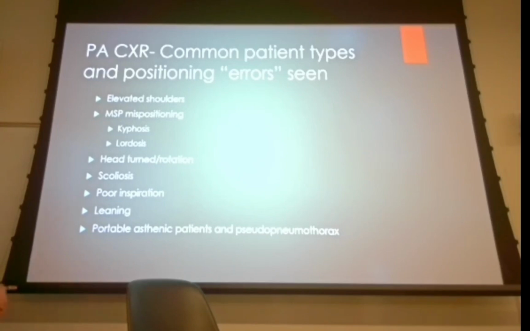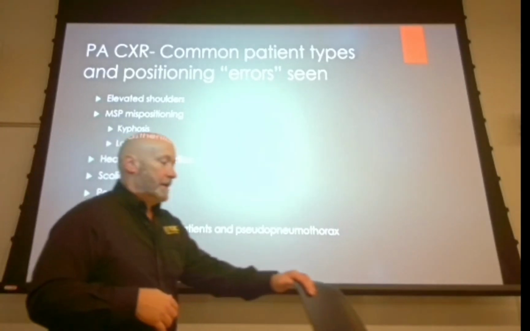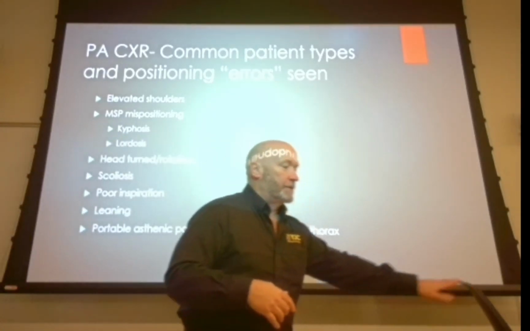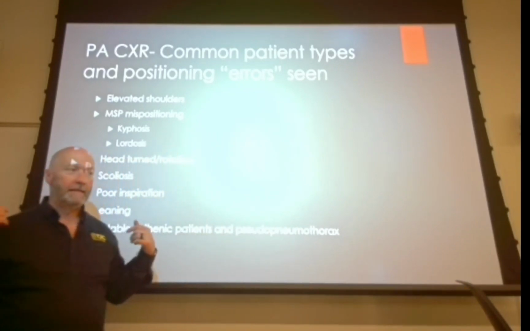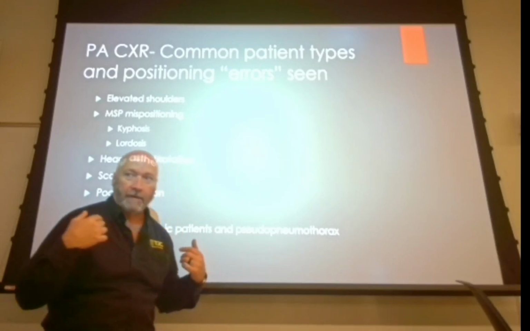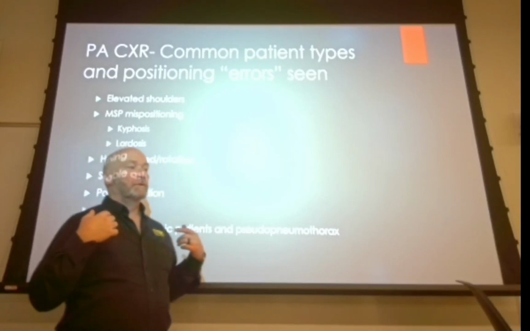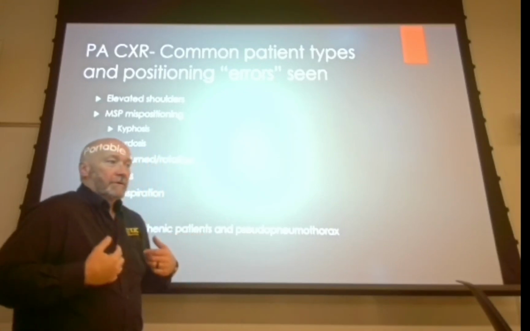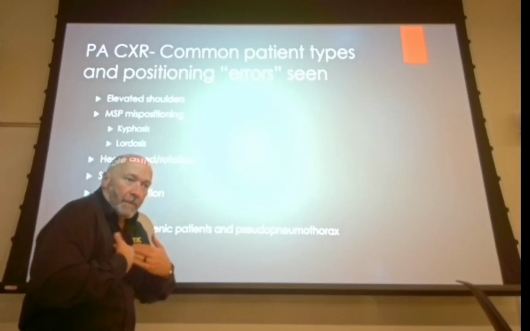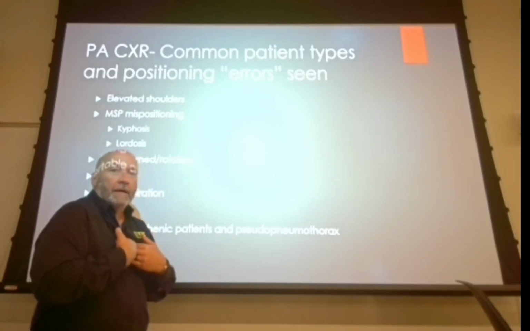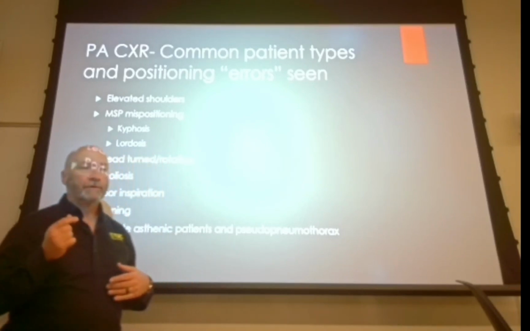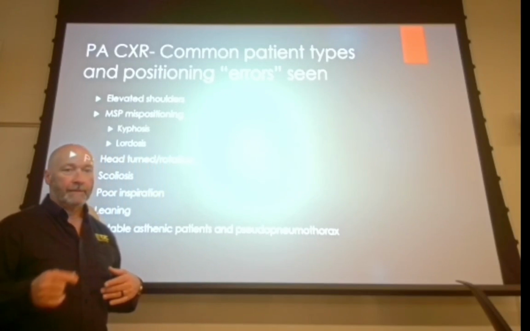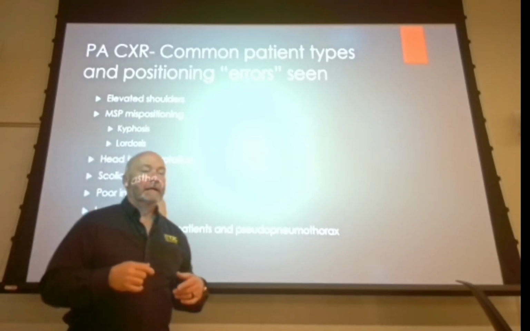So you've got elevation of the shoulders giving you that V shape. Kyphosis versus lordosis. You can have a patient who's kyphotic because of multiple compression fractures in the spine, and that's going to give them a natural kyphosis. Where we had rotation of the shoulders, putting the sternum vertical, it can exaggerate that, and it becomes much more of a problem on your APs than on the PAs, and I'll get there in a second.